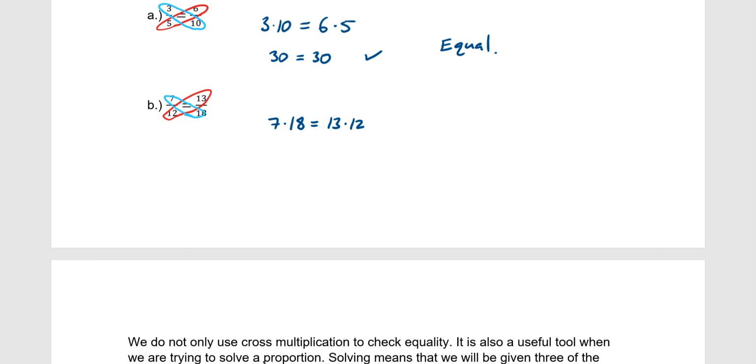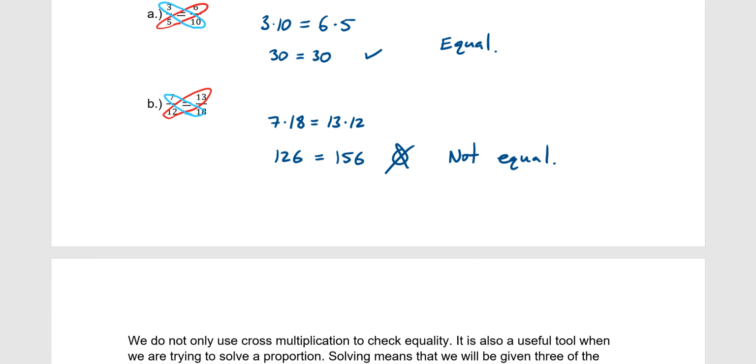It means the same thing because multiplication is commutative. So 7 times 18 is 126. 13 times 12 is 156. So I'm going to put a little X because these are clearly not equal. Okay, so that is cross multiplication.